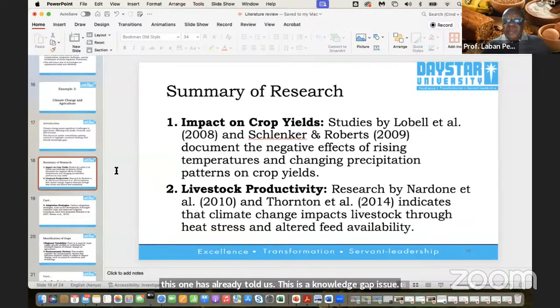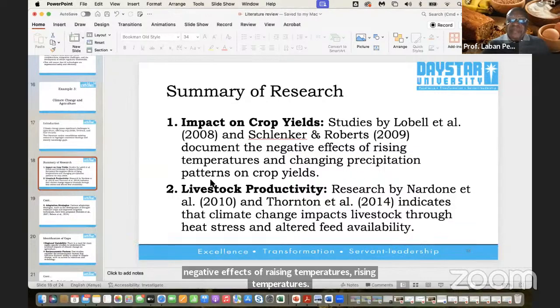Summary, impact on crop yields. Studies by Lobell et al. 2008 and Schlenker and Roberts 2009 document the negative effects of rising temperatures and changing precipitation patterns on crop yields.